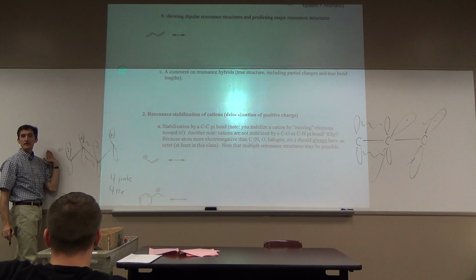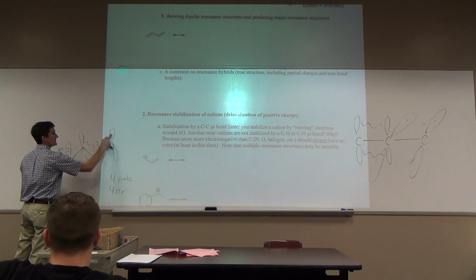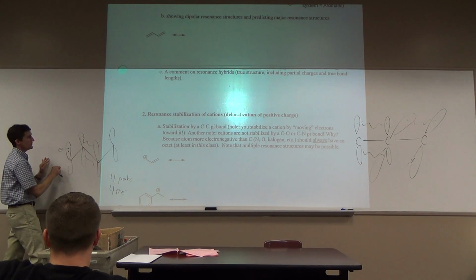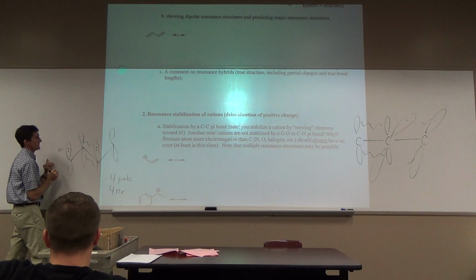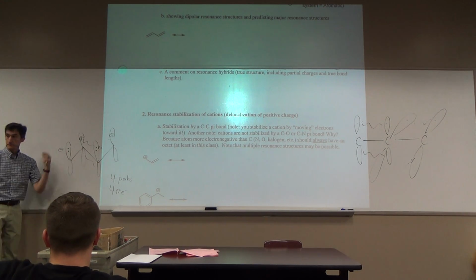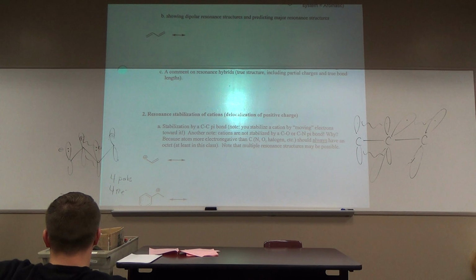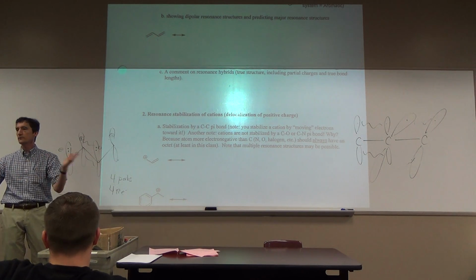Could you put them in any other ways? Yes. What if I put 2 there, and leave that empty and leave that empty? That would be negative, negative, plus, and plus. I could have drawn that resonance structure. Every different way you could put them in would be a different resonance structure.